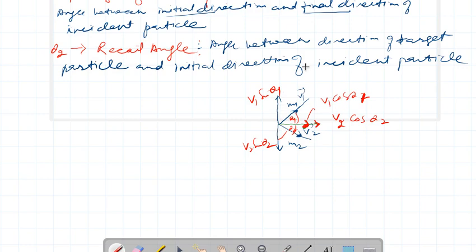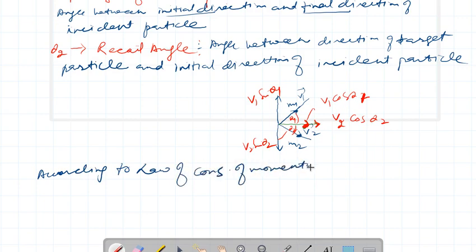So according to law of conservation of momentum, linear momentum must be conserved. So that means momentum before collision must be equal to momentum after collision in that direction.